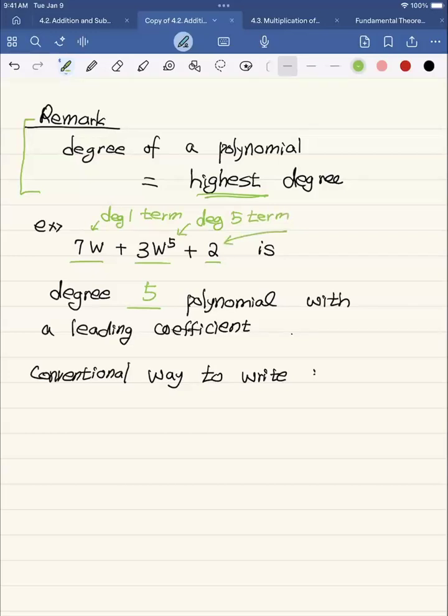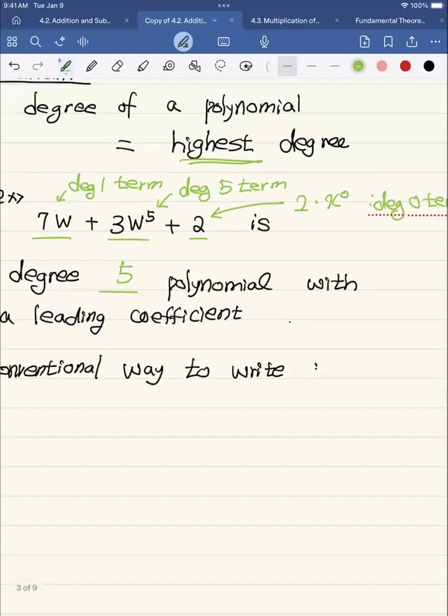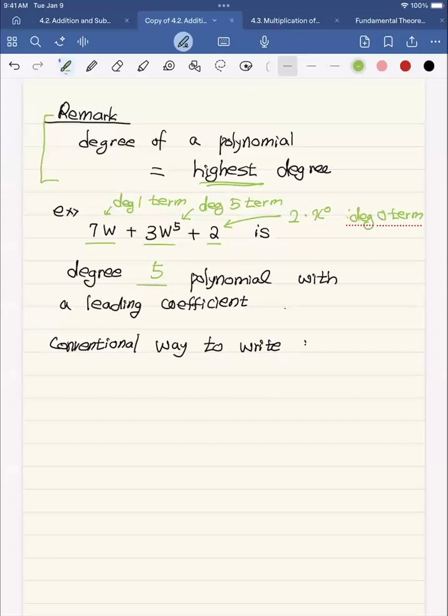In this case, we can assume that 2 is 2 times x to the 0 power, so the degree 0, which is usually called a constant term.